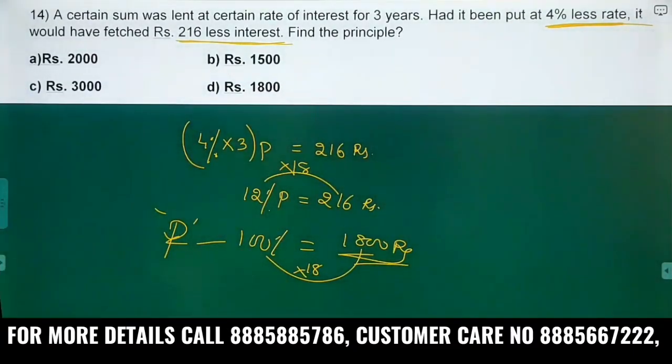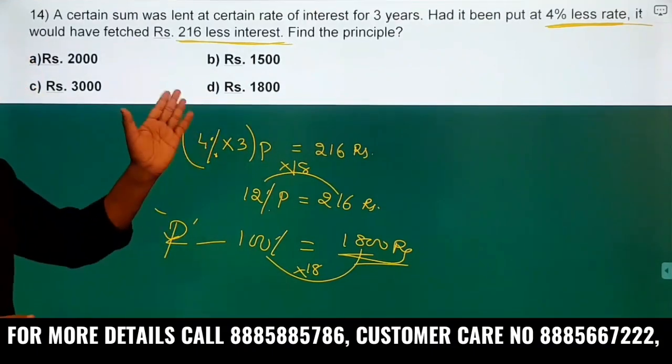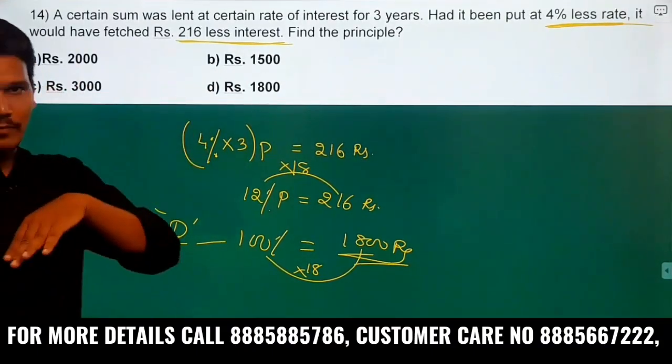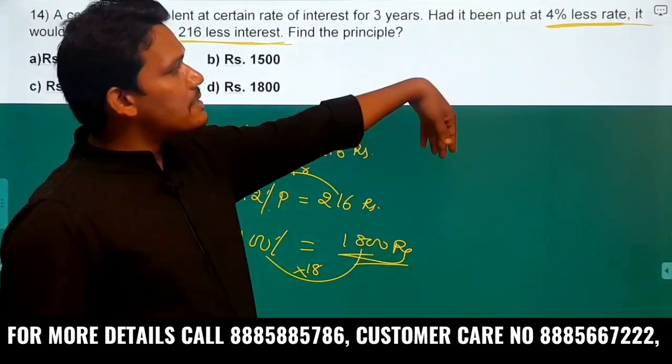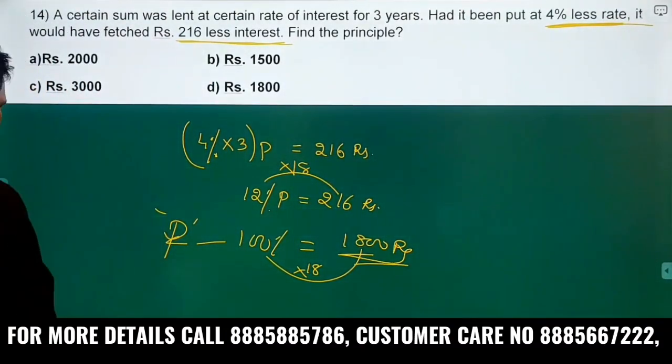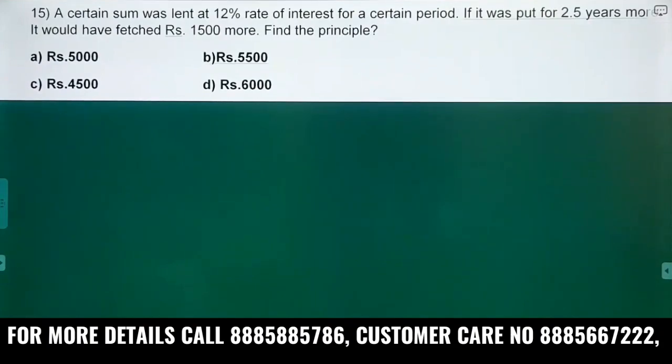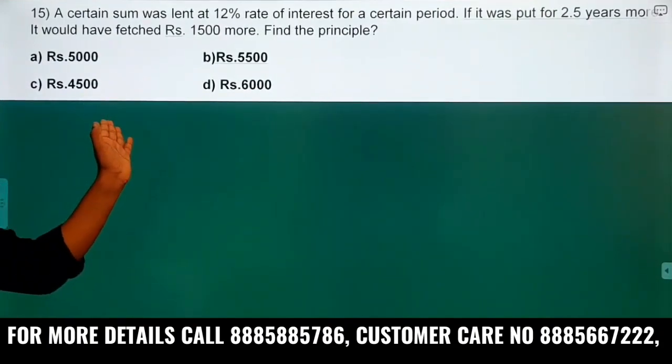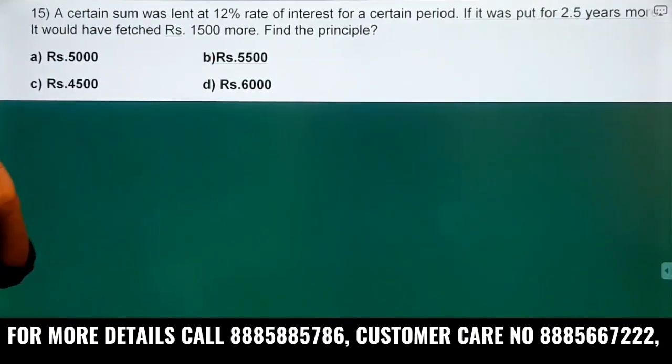In the previous problem it was for some percentage more. In this problem it is some percentage less, 4% less. In the next problem, if you observe the last 2 problems with this problem, there is a slight change, but the concept is the same. A certain sum was lent at a 12% rate of interest.